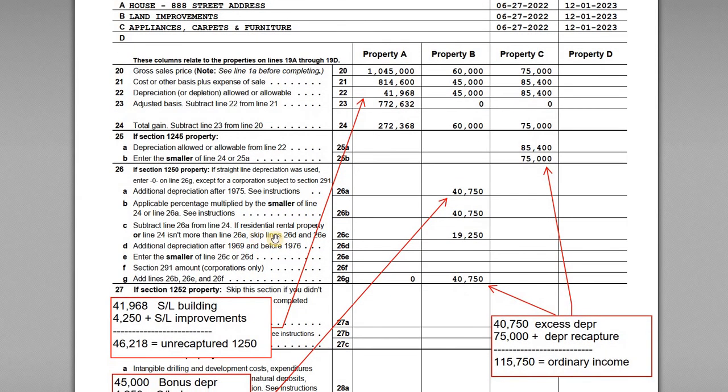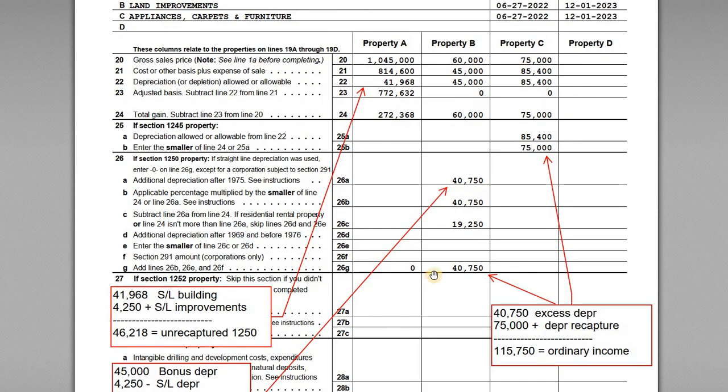Now, if this is residential rental property, which it is, we can skip lines 26D and 26E. Now, 26D, notice this wouldn't apply anyway because they're asking for additional depreciation after 1969 but before 76. Well, we're talking 2023 here, so that doesn't apply anyway.